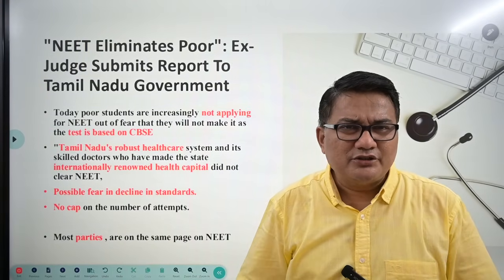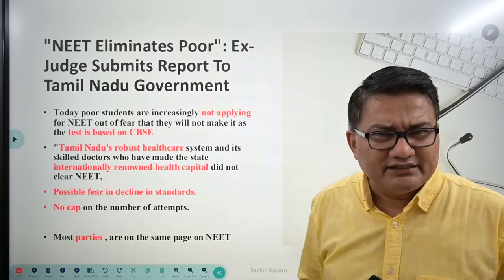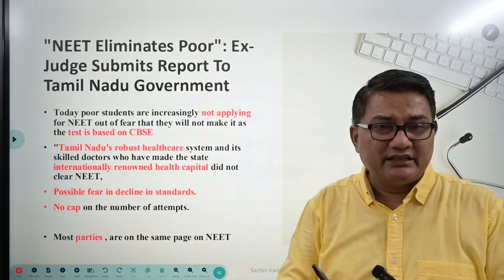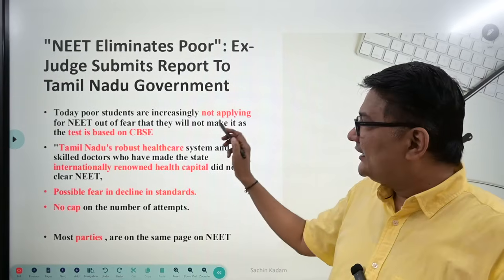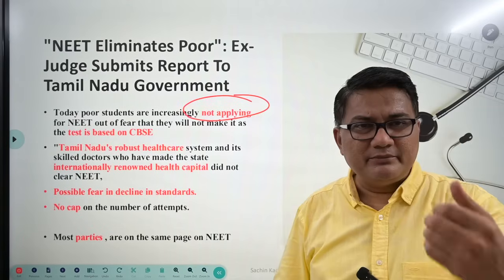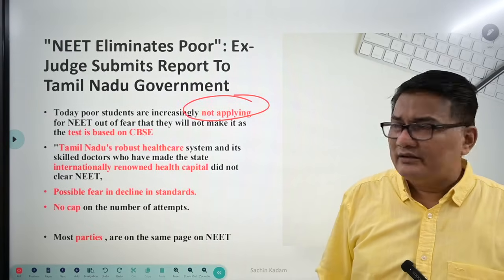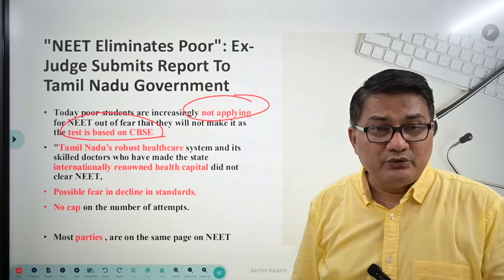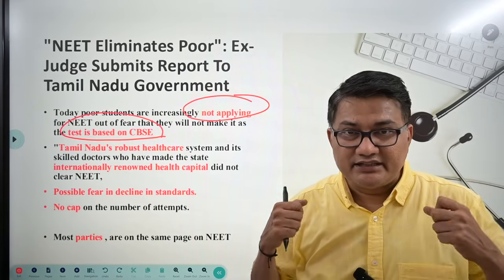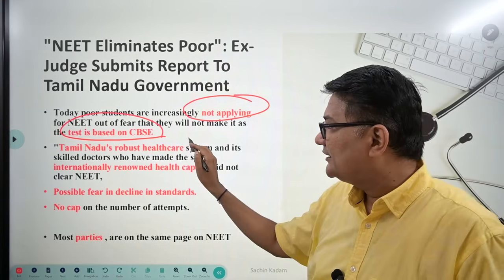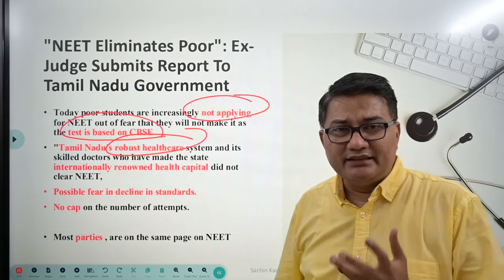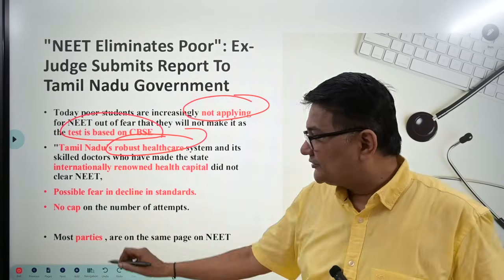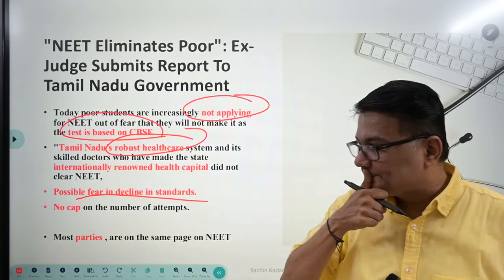Most of the poor students nowadays, because they can't afford a coaching institution, are from the state boards, so the CBSE syllabus is a little bit tough for them, and that's the reason they are not applying to the exam itself. Why? Because the test is based on CBSE. So when you celebrate or say that Tamil Nadu has one of the best robust healthcare systems, don't you think this healthcare system will collapse if the same thing continues, and there's a possibility of decline in standards?